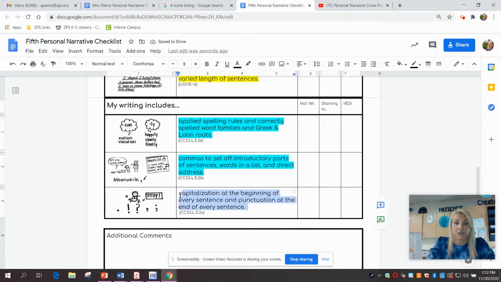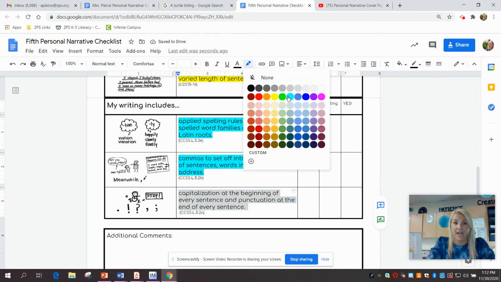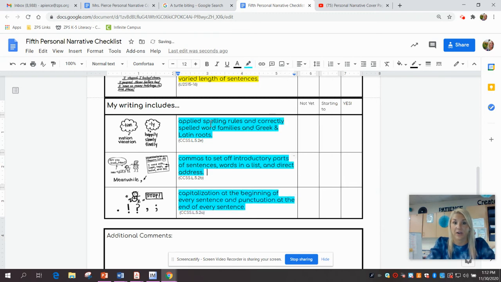You need to make sure that you go back and check, and this happened yesterday, that you have the correct spelling. Make sure that you have good commas and quotation marks for your dialogue and punctuation. Make sure you have capitalization at the start of every sentence and proper nouns are capitalized, like names of places and people, and the title of your narrative. And then make sure you check your punctuation. This is all of this editing piece. You should have done this yesterday.